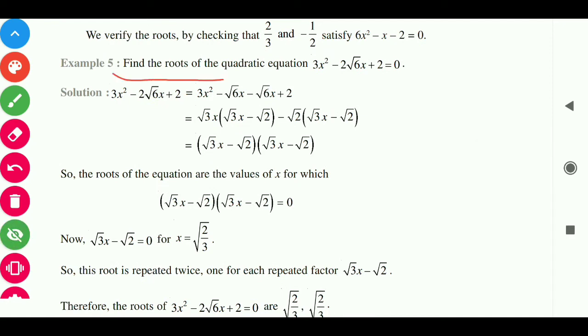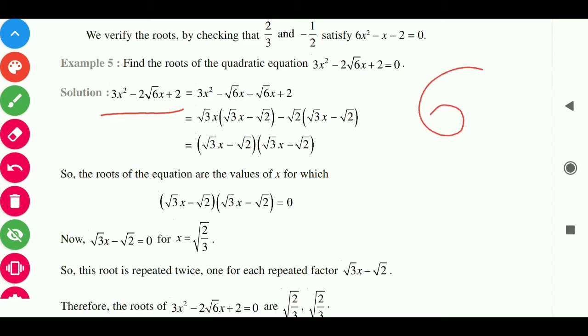Now find the roots of the quadratic equation 3x square minus 2 root 6x plus 2. So for this we need to have the factors. We are given 3x square minus 2 root 6x plus 2. Now 3 into 2 we will have 6.